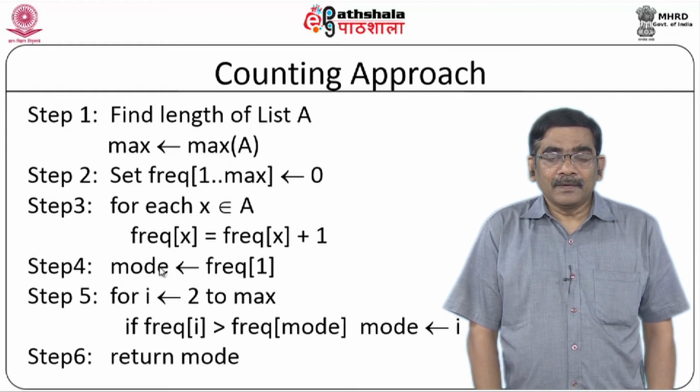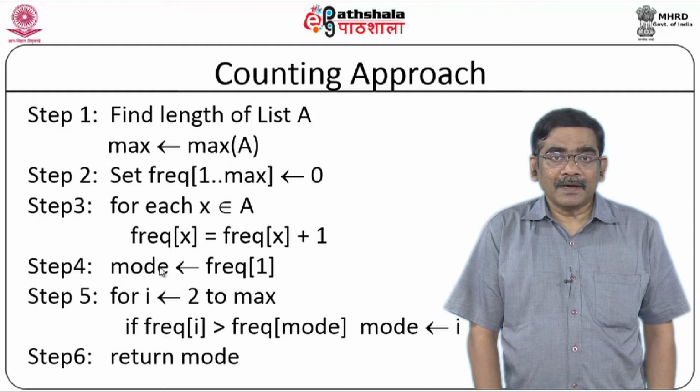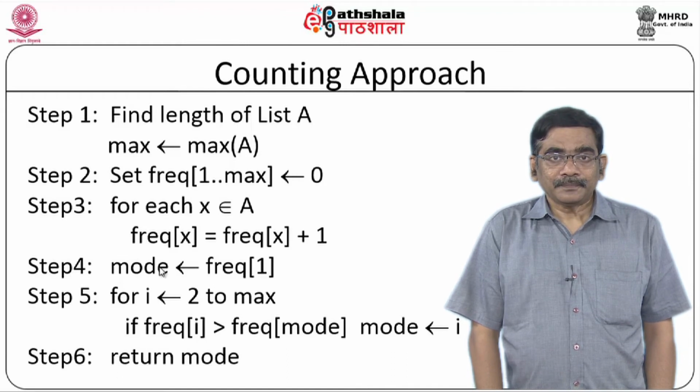And finally, once I come out of this particular loop, then the variable mode will have the value that occurs the most, and I am going to return this. So, this is the traditional brute force algorithm for finding the mode.